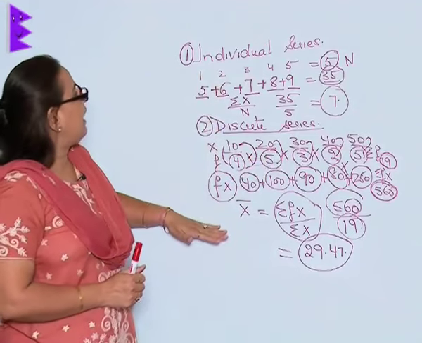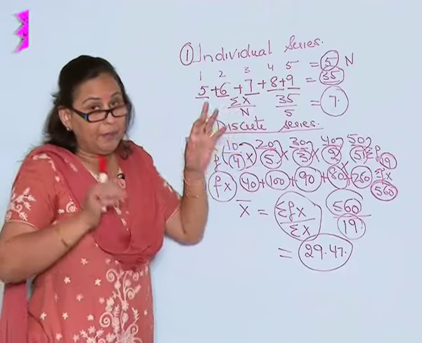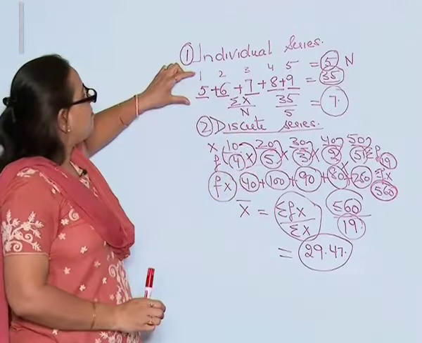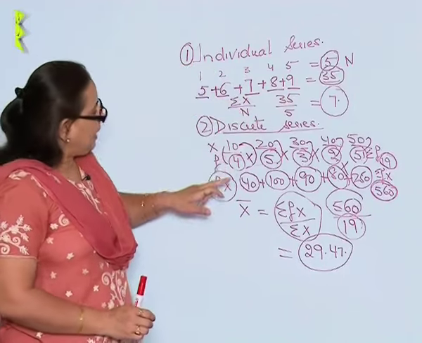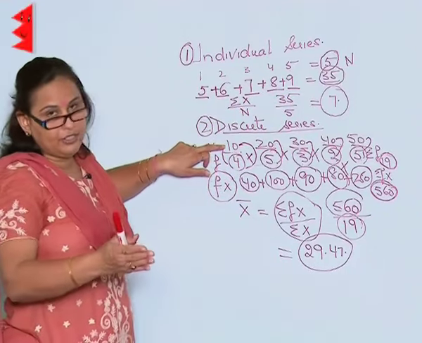If you make the comparison between the individual series and the discrete series, remember what you have to understand is that here the marks obtained are by individual students, but here those same marks are obtained by more than one student.